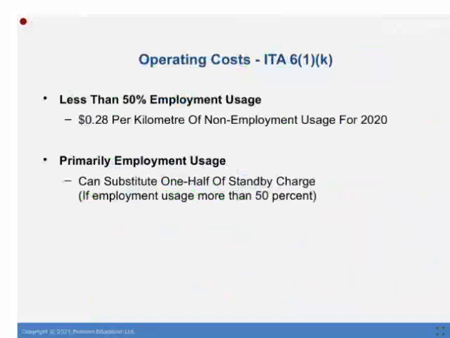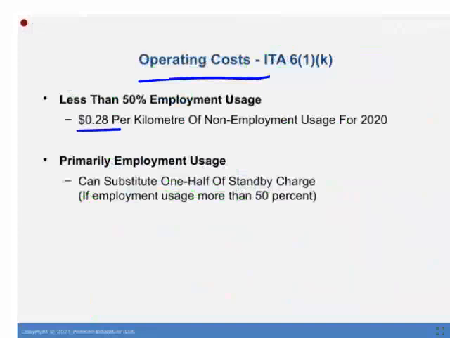So for an employer-owned vehicle, part one was the standby charge. Part two is the operating cost. The standby charge was what you get added to your income for just having that vehicle sitting in your driveway at home. The operating cost is around your usage specifically.